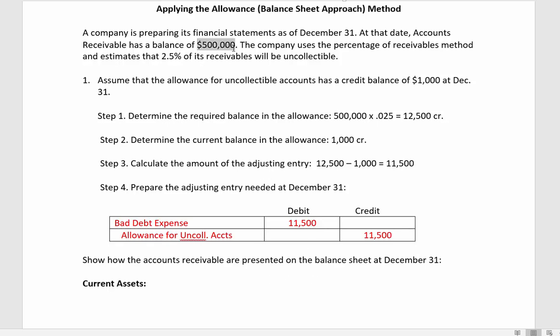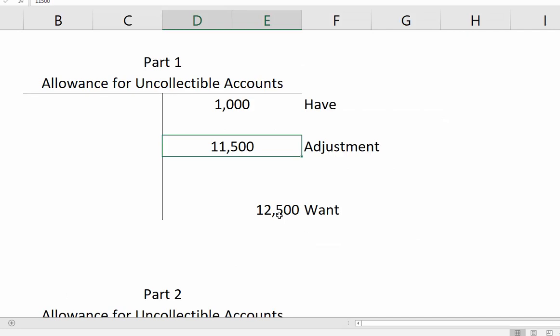Well, we have receivables of $500,000, and remember, our current assets would always start with cash, and we would probably have some other current assets. But our accounts receivable are going to look like this. We have accounts receivable of $500,000 less the allowance. Now, how much is in the allowance at the end of the year? Be careful. It's not the adjustment amount, it's how much is at the end of the year.